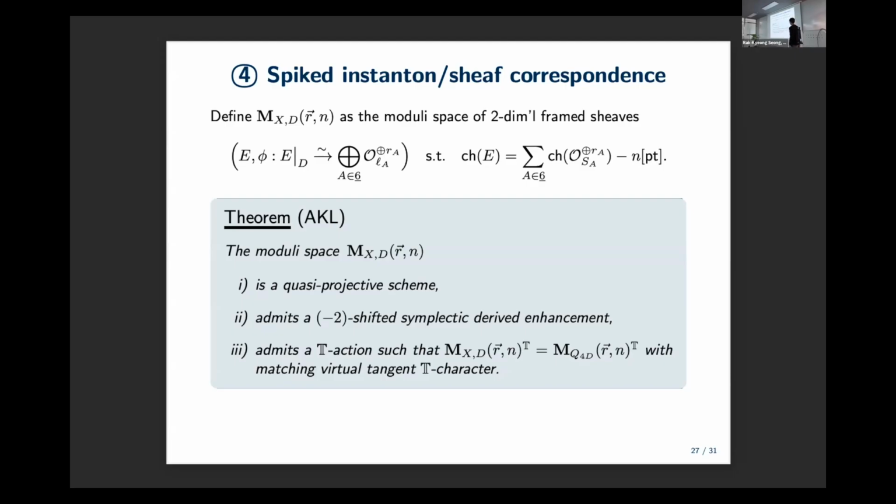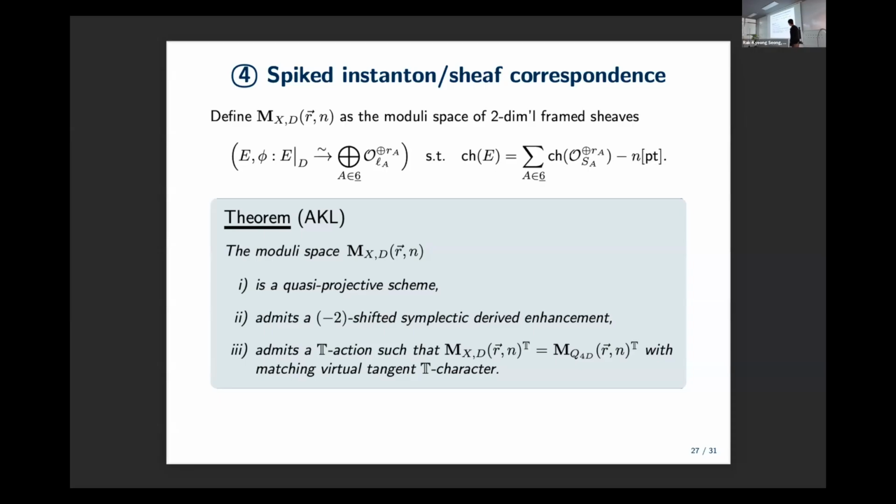This requires actually the most significant effort for us. And then we also show that this admits a negative 2-shifted symplectic enhancement, just like the quiver moduli, the 4D ADHM moduli space. And it admits the same torus action, and the torus fixed points are exactly in one-to-one correspondence with the quiver side and with the matching virtual tangent character.